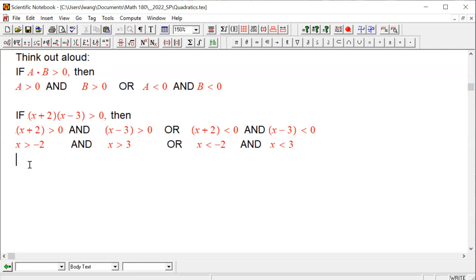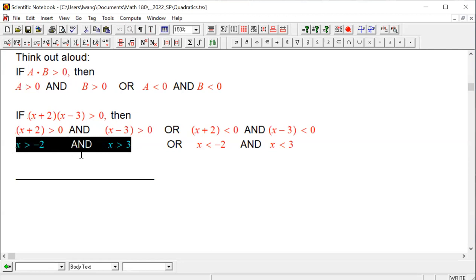But anyway, then we're going to look at what's going on here. For me, I would just put up a number line. I need to see the combination. So this is -2.